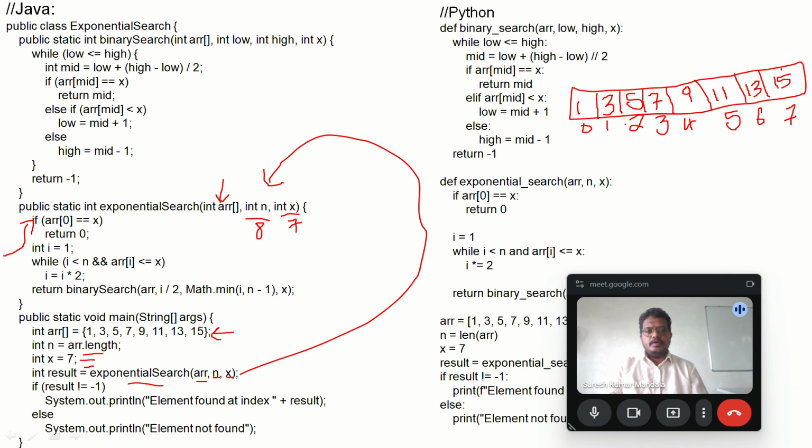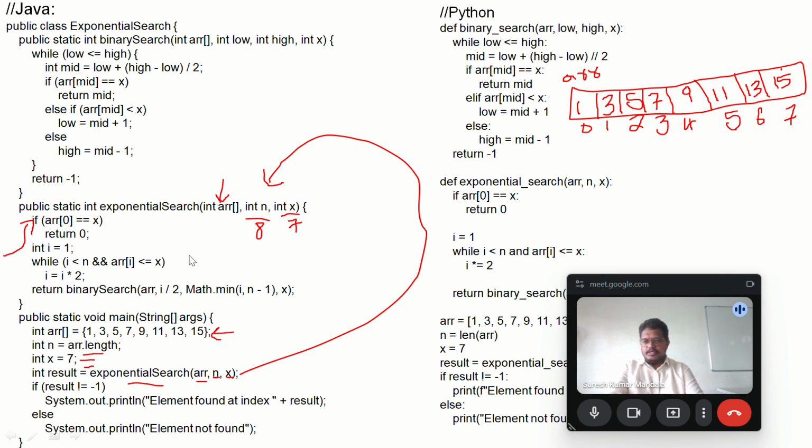These are the values we are having, and the name of this is ARR. That is the array. ARR is the values we are having.